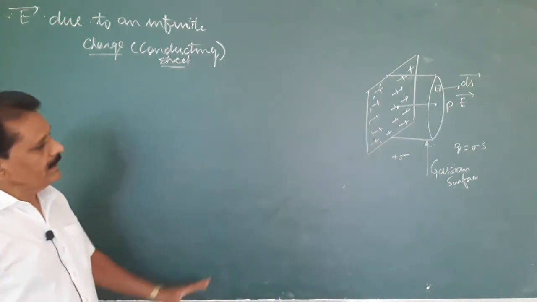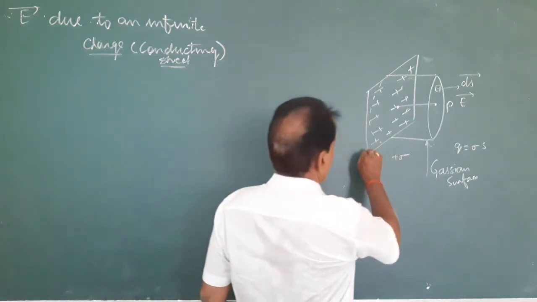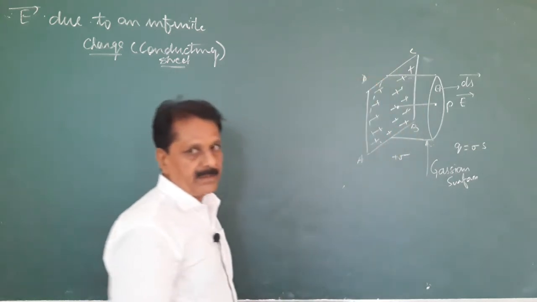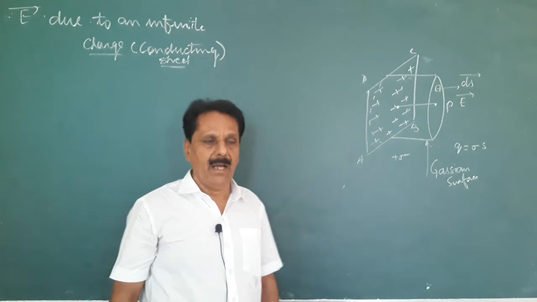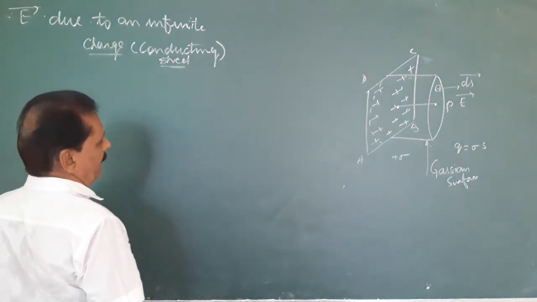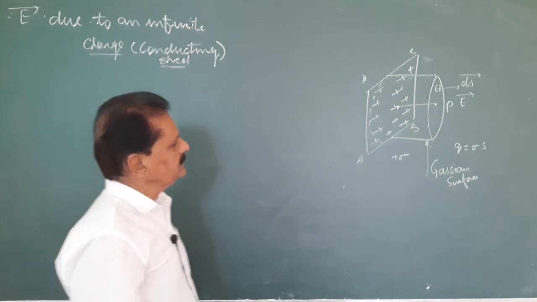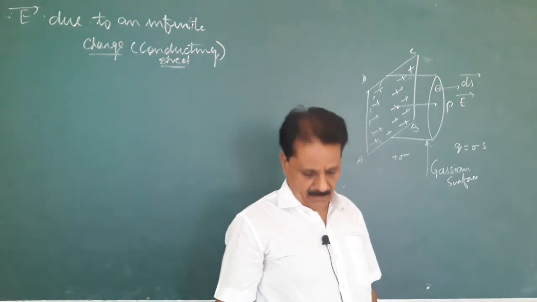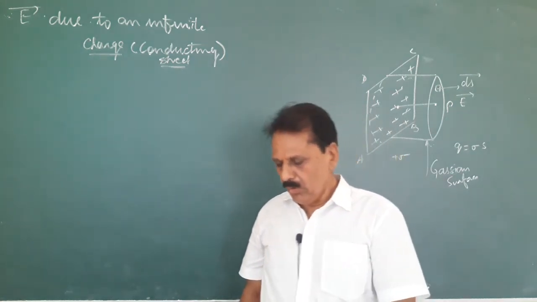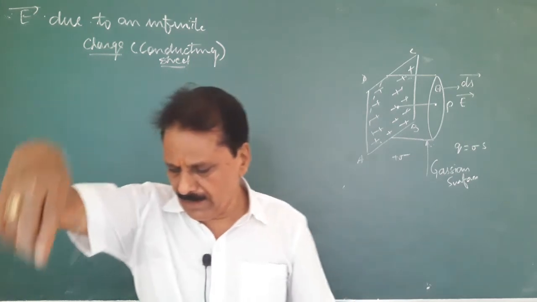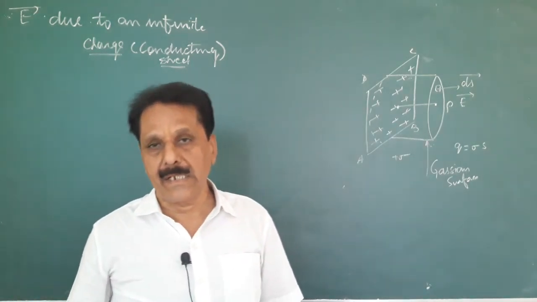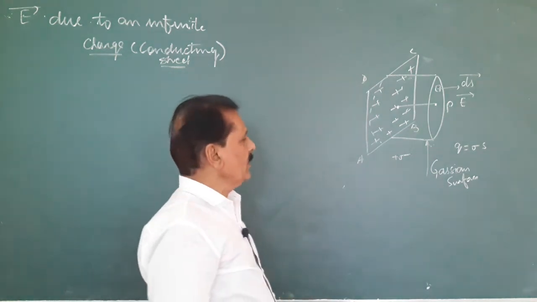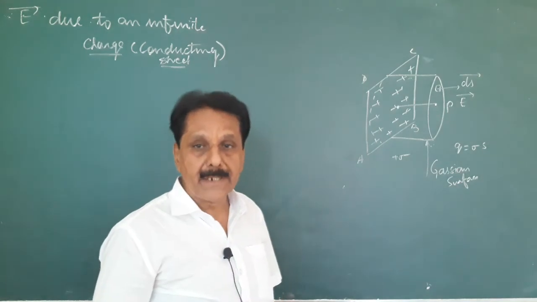Now consider a plane infinite conducting sheet ABCD, which is charged with surface charge density sigma. Our aim is to find out the electric field at point E. We know whenever a charge is distributed on the surface of a conducting sheet, it will be distributed only on its outer surface, not on its inner surface.